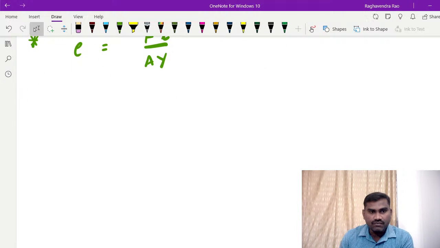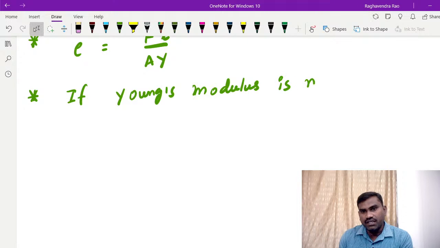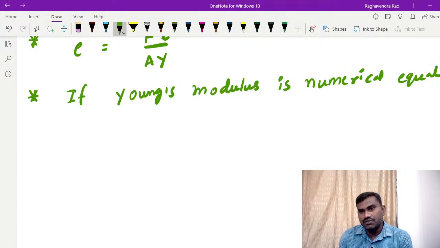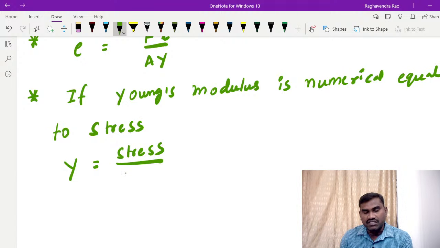Now, if Young's modulus is numerically equal to stress, then we know Y is equal to stress by strain.